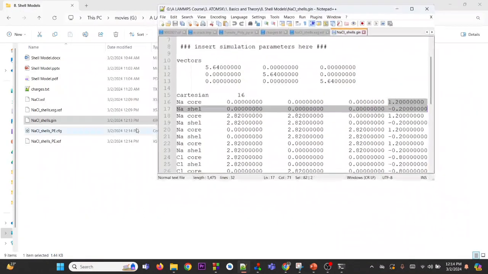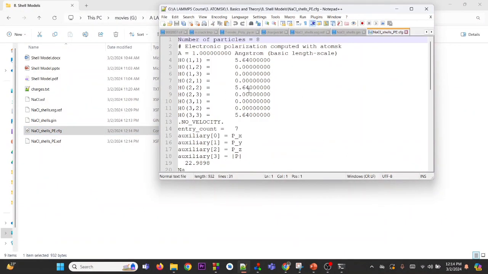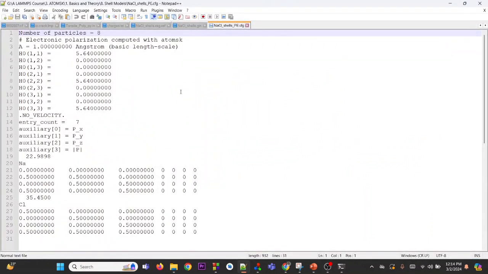Now we can just open those two. After opening, you will see that firstly the information about the simulation box is given. Next, you see that there is no velocity, which indicates that there were no velocity components in this particular output file format. Then you see that the entry count is 7.